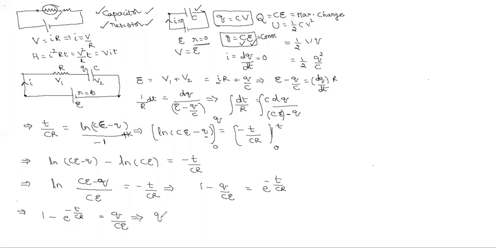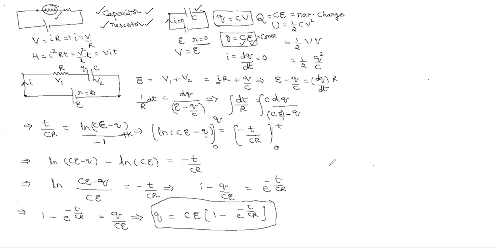That implies the charge stored on the capacitor varies with time exponentially as q is equal to CE multiplied by 1 minus e power minus t by CR. Now you can understand from this equation that the charge is not growing to the maximum value instantly when there is a resistor, and it is growing exponentially like this.